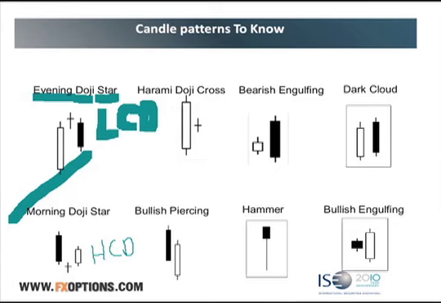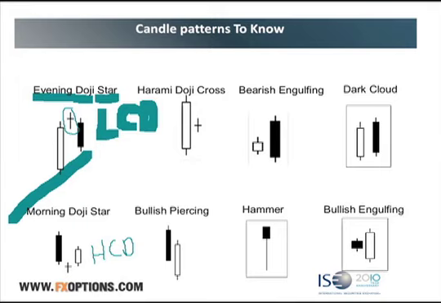But what I really look for is not really the doji itself. It's not the doji itself that really gets me to liquidate longs or maybe reverse and go short. It's the change in the momentum.